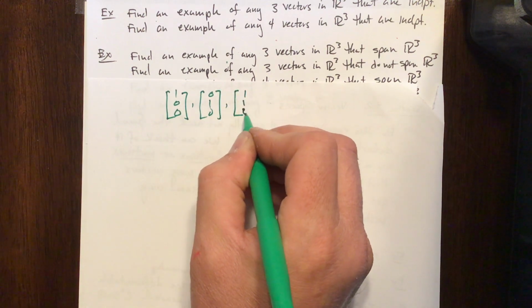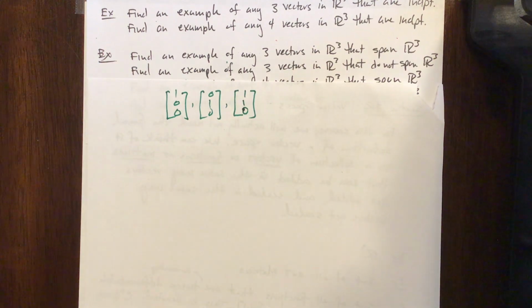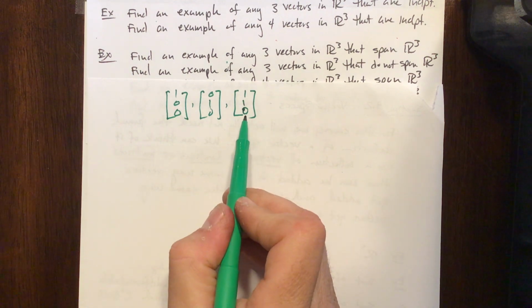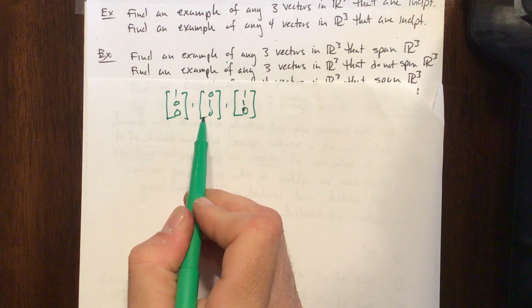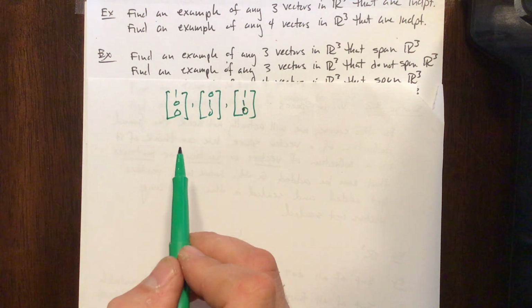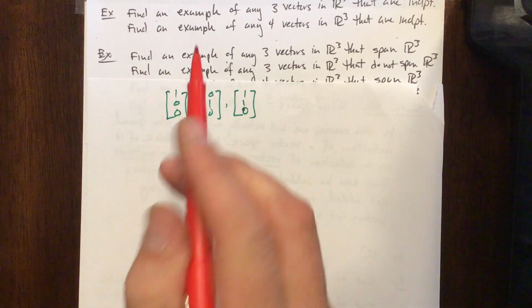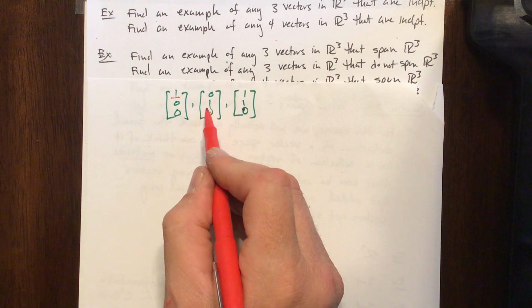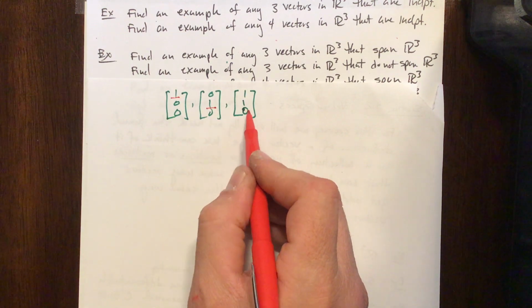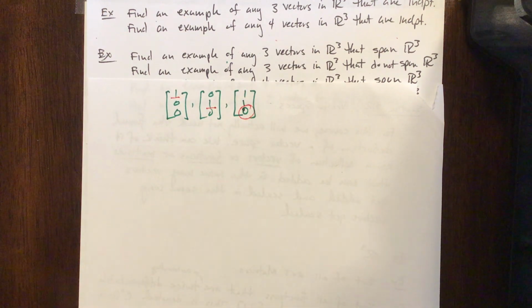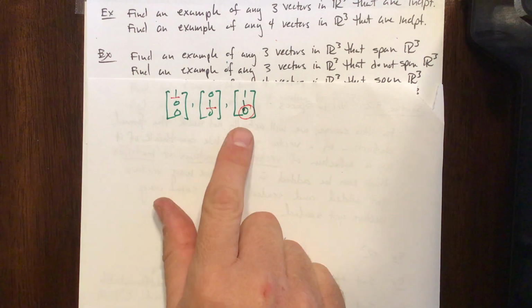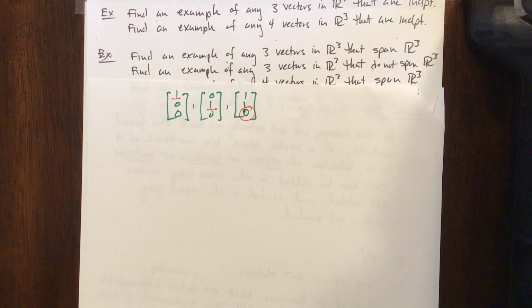How about I do that? 1, 0, 0, 0, 1, 0, 1, 1, 0, where 1, 1, 0 is a combination of vectors 1 and 2, just 1 and 2 added together. Now there's a pivot here and a pivot here, but not a pivot there. And because there's not a pivot in the third row, it's not going to span all of R3.